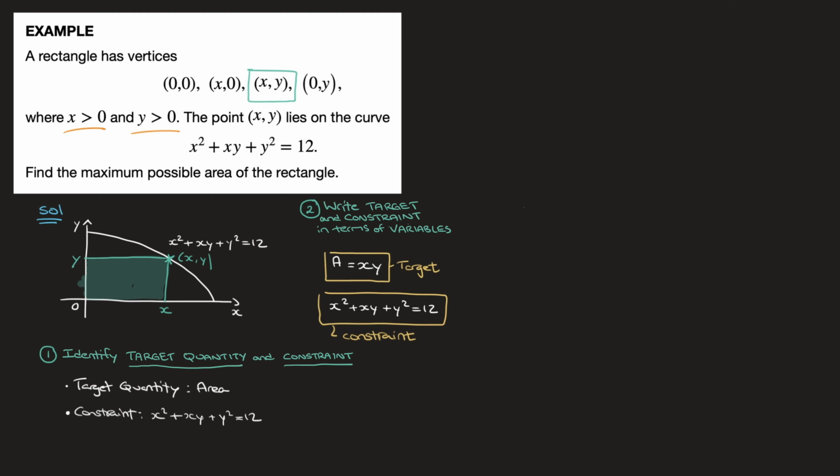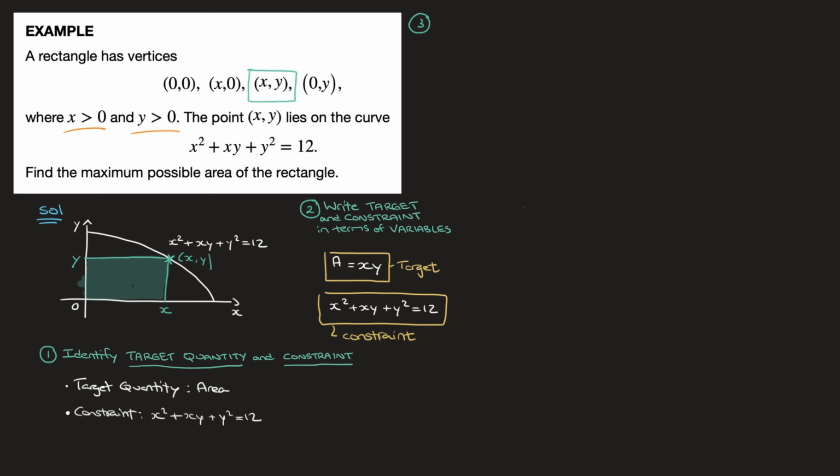Okay, as I said at the beginning of this video, the first 2 steps we've seen so far are pretty much identical to the first two steps we've always been seeing with optimization problems. Those being identifying the target quantity and the constraint, and then writing each of those two things in terms of the problem's variables. But now in step 3, here's where things can be a bit different.